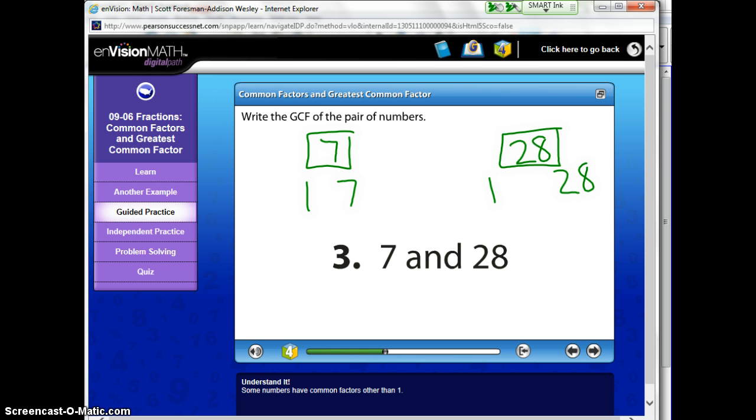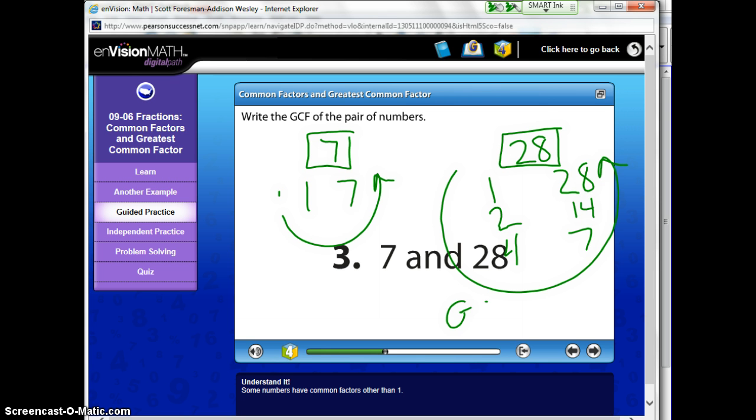Aaron, will you give me the rest of the factor pairs for 28? Is that it? Okay, so this one's wrapped up. This one's wrapped up. That means the greatest common factor is 7.